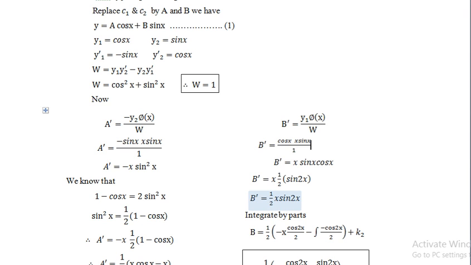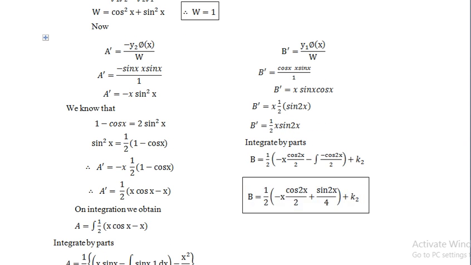So again it is in the form of u into v, so applying integration by parts here. So x, integration of sin 2x is cos 2x, and differentiation of 2x is 2, that is whole divided by 2, minus integration of, again write cos 2x by 2 as it is, then differentiation of x becomes 1, plus some arbitrary constant k2, and second time integration of cos 2x is sin 2x divided by 2, 2 into 2 is 4, and minus into minus plus here.